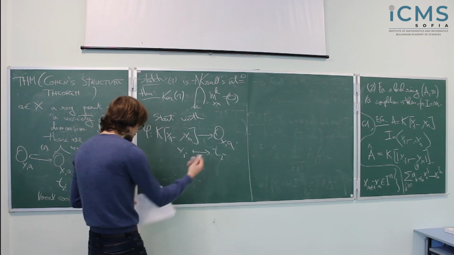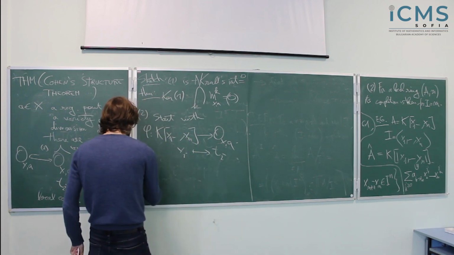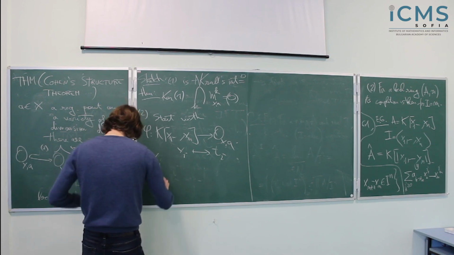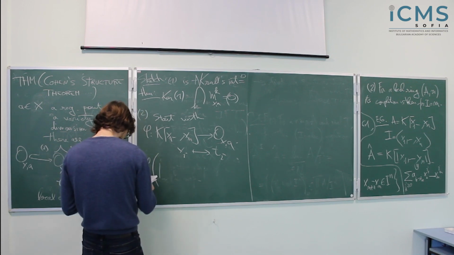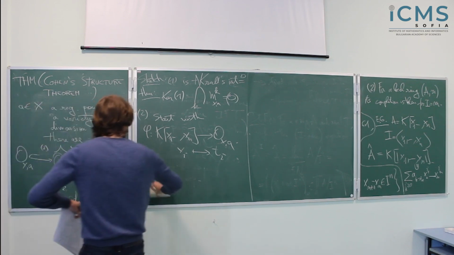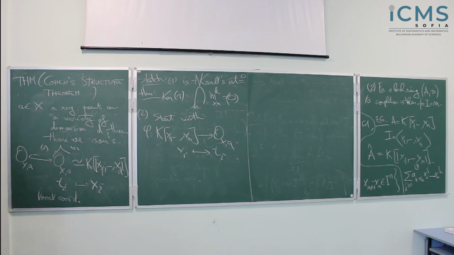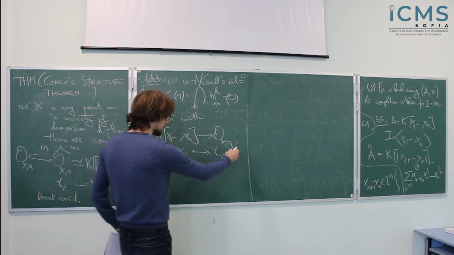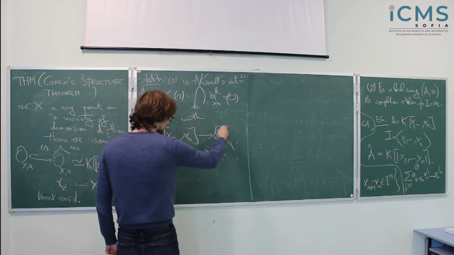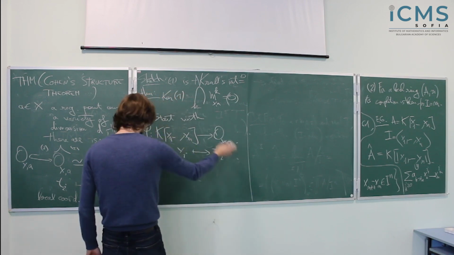Okay, so the main idea is to see that if I want, but this may not be surjective, right? You might have a lot more complexity around the residue field, for instance.